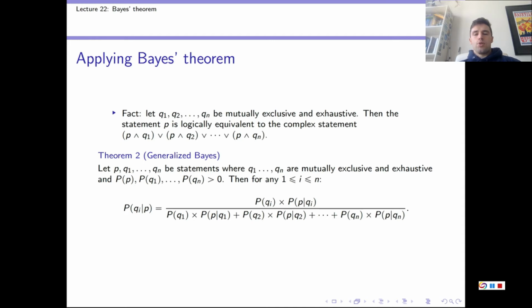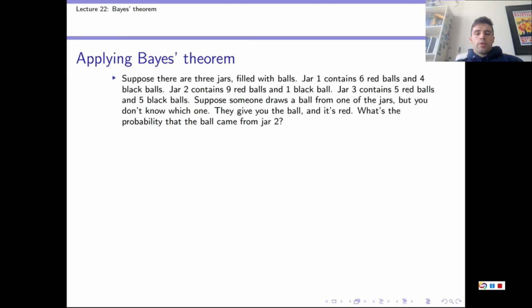Now, I ask you to prove this general version on the assignments, and more complicated examples will require you to use this version of the theorem. So to make sense of all the algebra that's on the screen here, let's go through one of those more complicated examples. Suppose we've got 3 jars, and the jars are filled with balls. Jar 1 contains 6 red balls and 4 black balls.